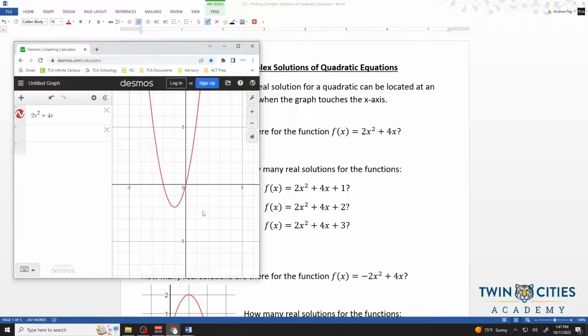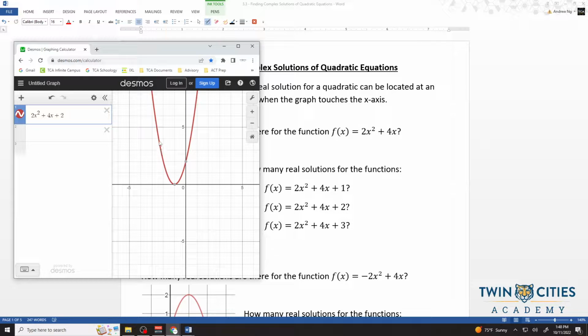Now, what would happen if I were to say add 1 at the end? So f of x equals 2x squared plus 4x, but then let's do a plus 1. So everything moved up 1 unit, and I still have two solutions. They're not as nice as before, but there are still two solutions. What happens if I do plus 2?